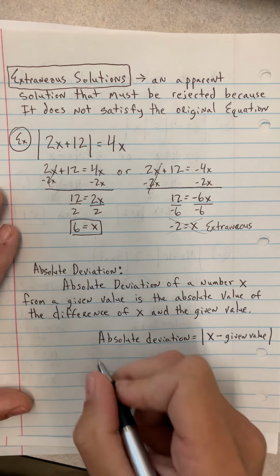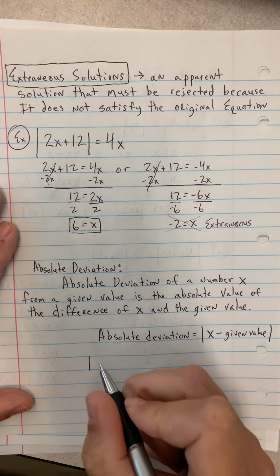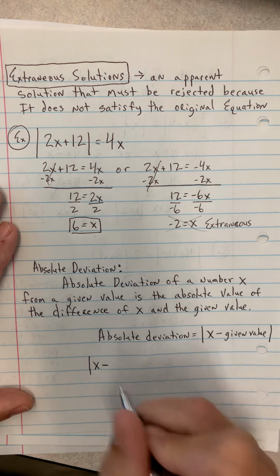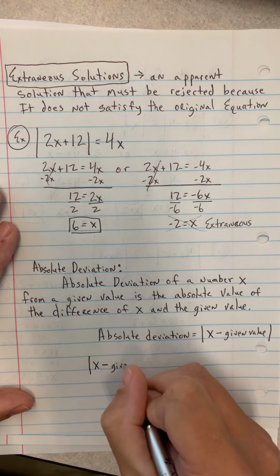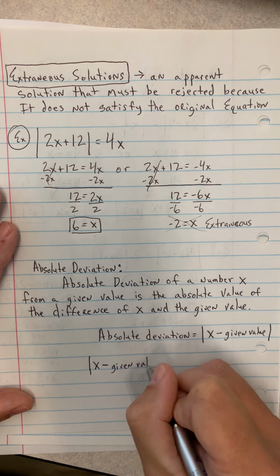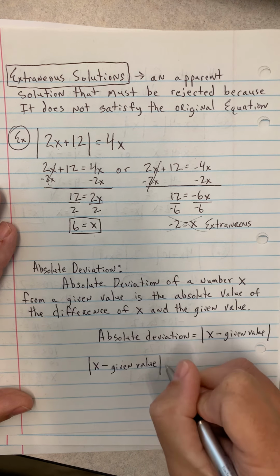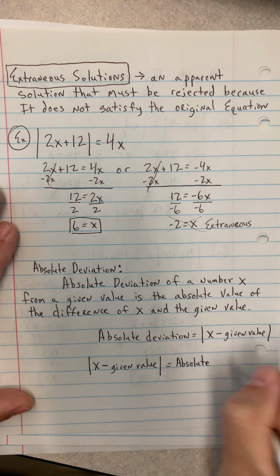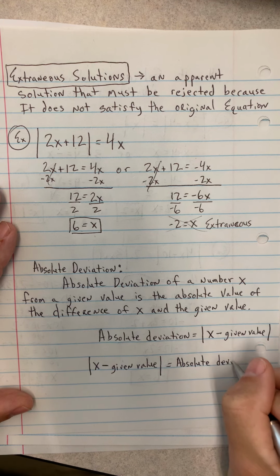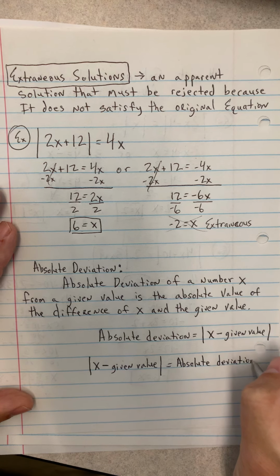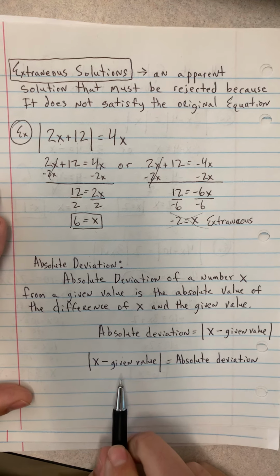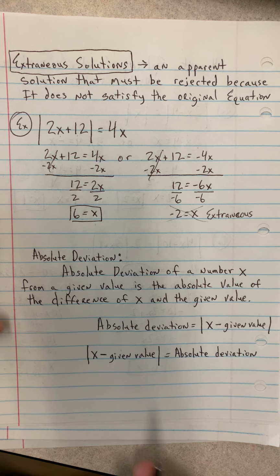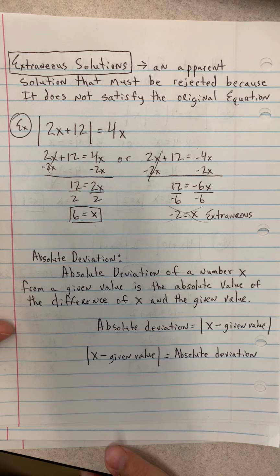I'm going to switch this around because this is how we're mainly going to write it. It's the absolute value of x minus the given value. That equals your absolute deviation. I didn't do anything special here. All I did was just switch it around because this is the way that you're going to set it up. And notice, it is going to be a difference. It's always going to be subtraction in there.